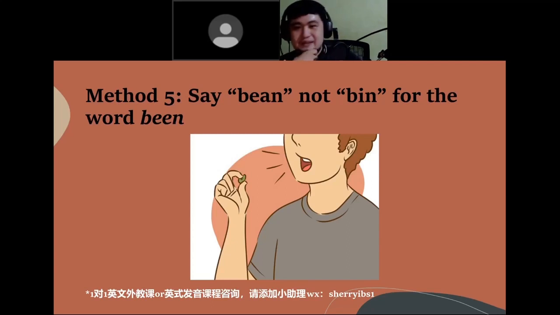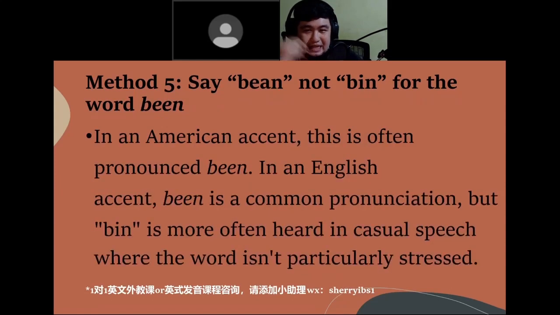Okay, that's an example. So method 5. Say been, not been. For the word been, in American accents, this is often pronounced as been. In an English accent, been or bien is a common pronunciation, but been is more often heard in casual speech where the word isn't particularly stressed.